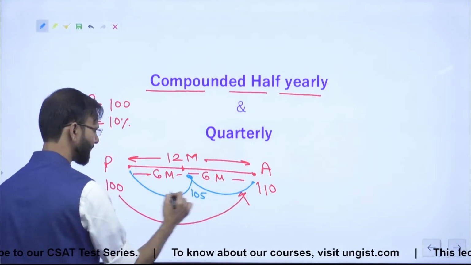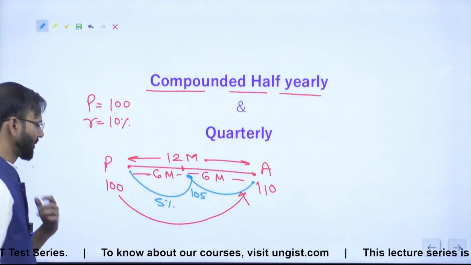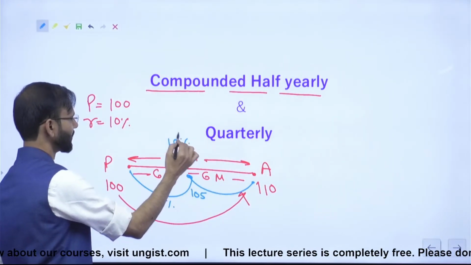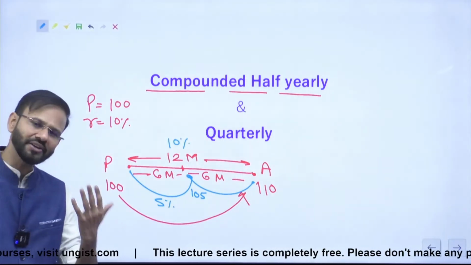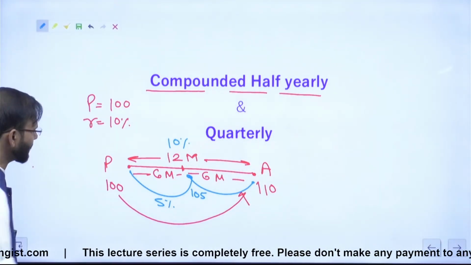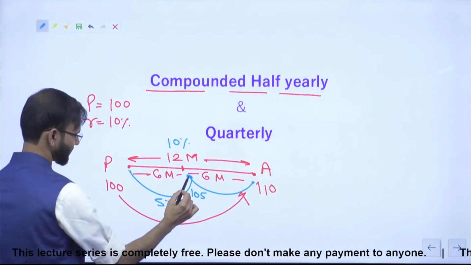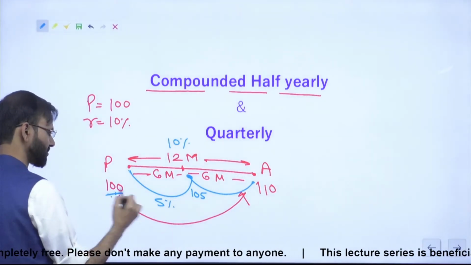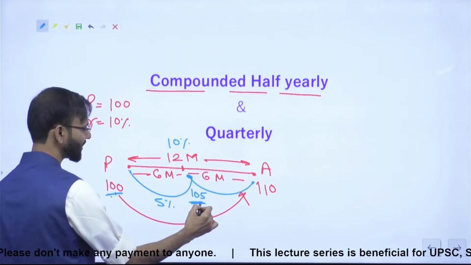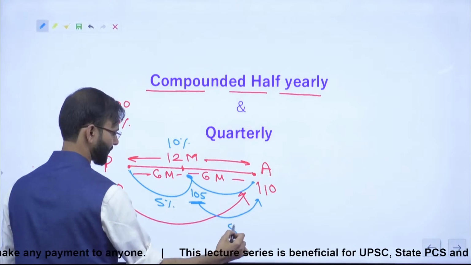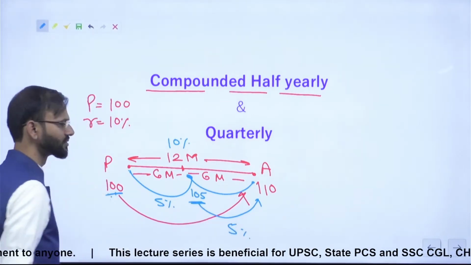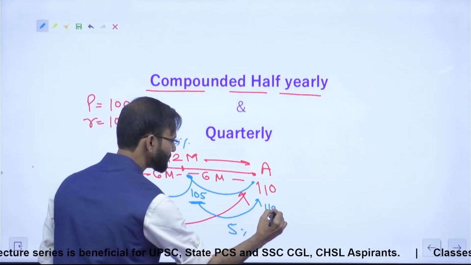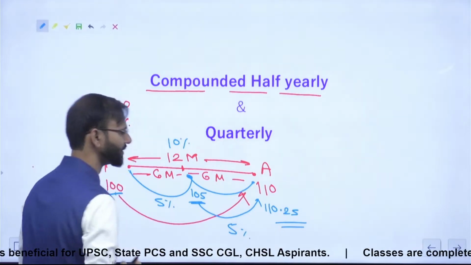For a complete year, if the rate of interest is 10%, then for half year it will be treated as 5%. So for the first 6 months the rate is 5%, and the amount is 105. After that, this value will be increased by 5%. 5% of 105 is 5.25, so this will become 110.25. Getting it, everyone?